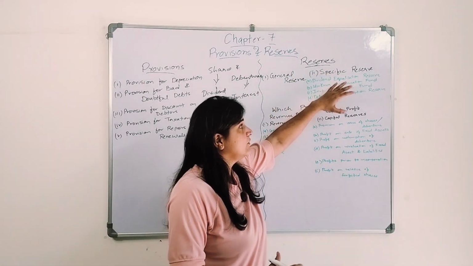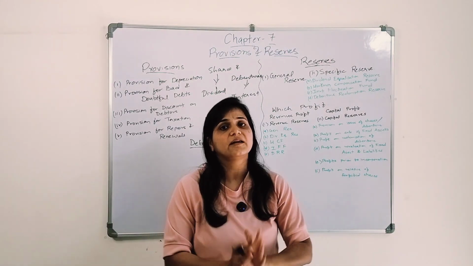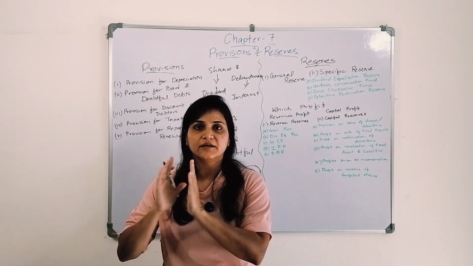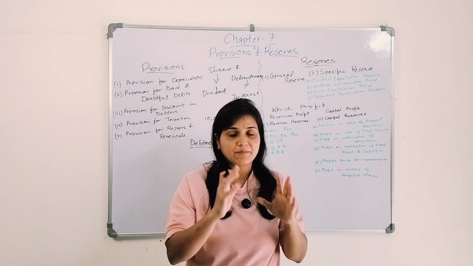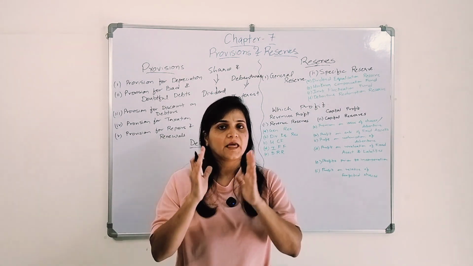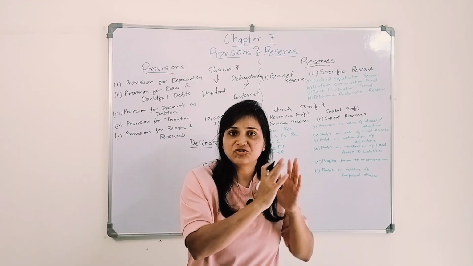Now all these reserves, from where will they take them out? From the profit, right? Now that profit could be a revenue profit or a capital profit. You have learned about revenue expenditure, capital expenditure, and all these things. Now revenue profit means what? General operation of the business.